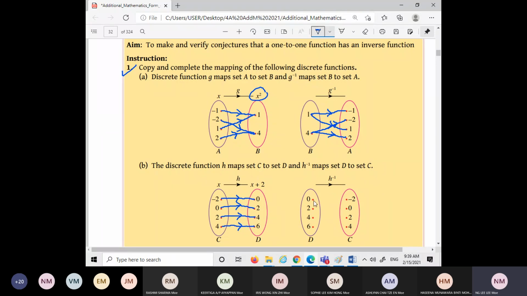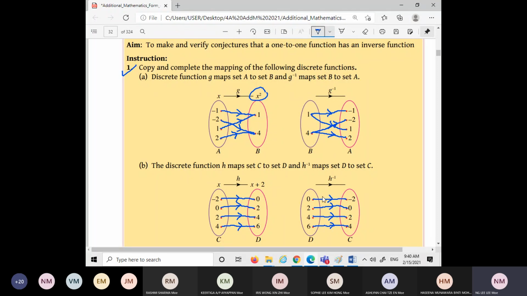So this one, the inverse the other way around. 0 maps back to -2, 2 maps back to 0, 4 maps back to 2, and 6 maps back to 4.